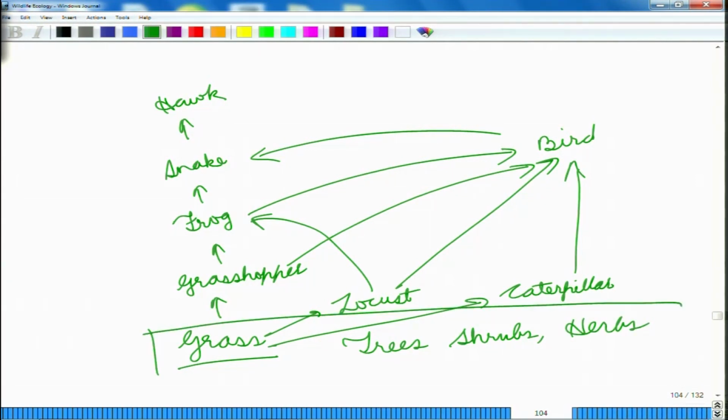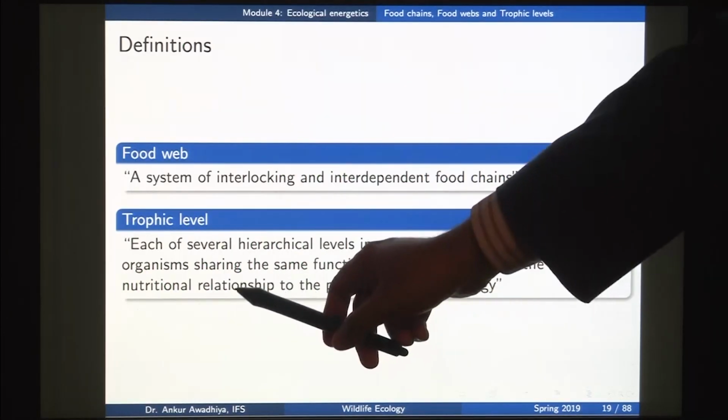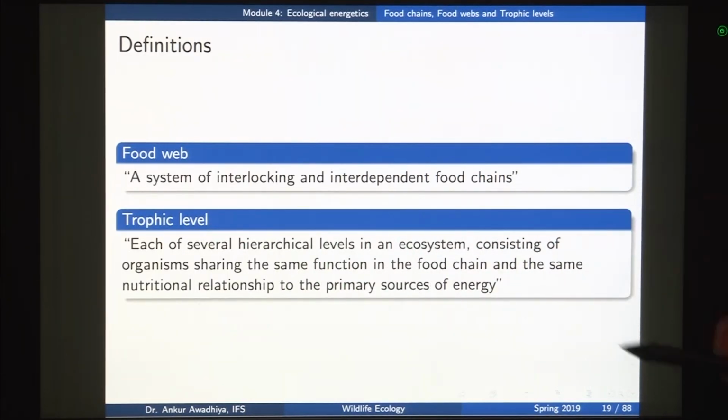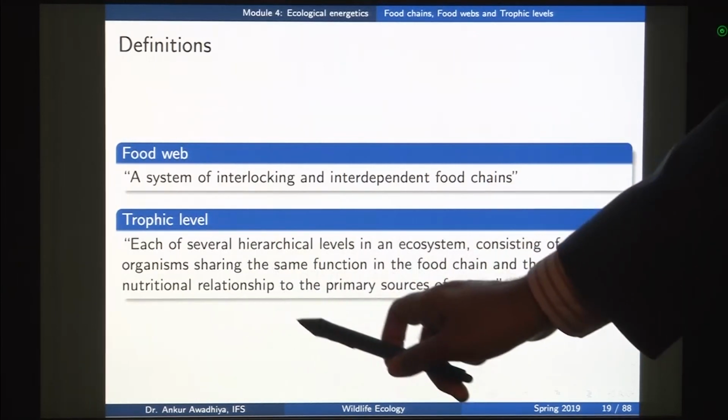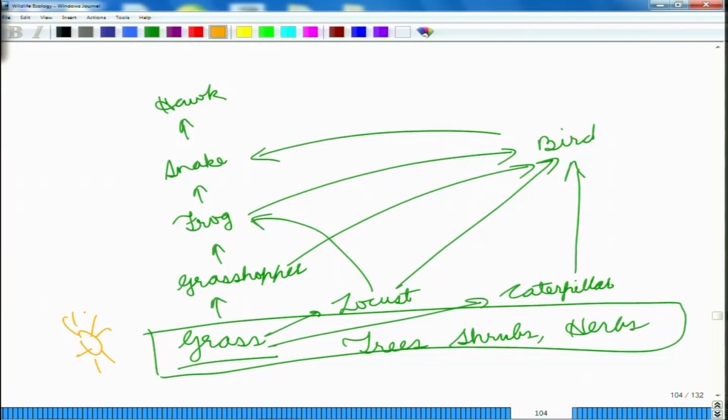And all of these, if you look at this definition, share the same function in the food chain, that is, all of them are producers, and the same nutritional relationship to the primary source of energy. So, all of these are using the energy of the sun and then passing it on to the primary consumers or the herbivores. So, all of these together will form a trophic level.